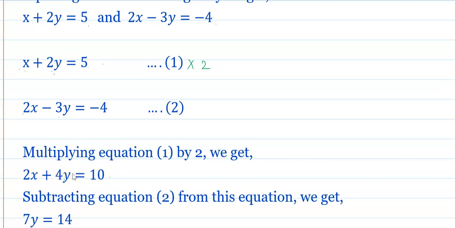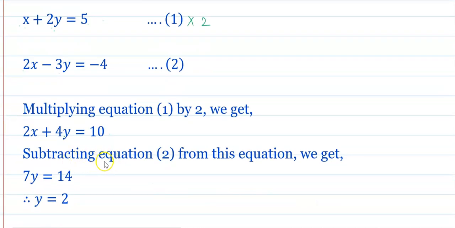What about the next? Subtract equation 2 from this equation. Now here 2x plus 4y is equal to 10. From this expression, we will subtract equation number 2, that is 2x minus 3y is equal to minus 4.